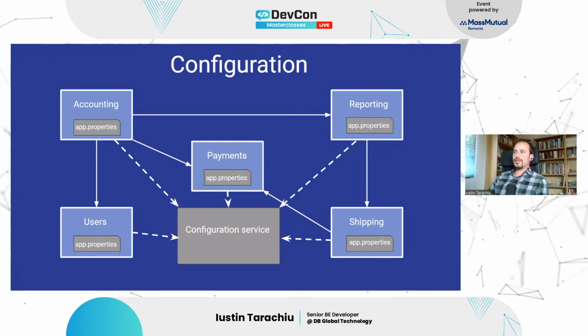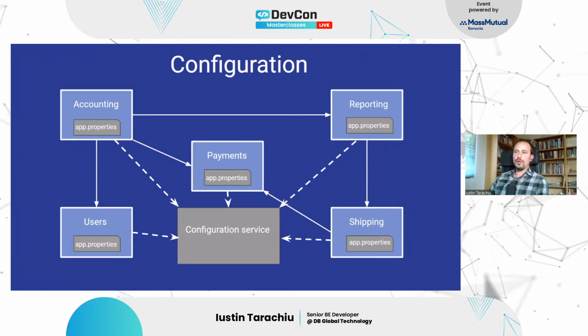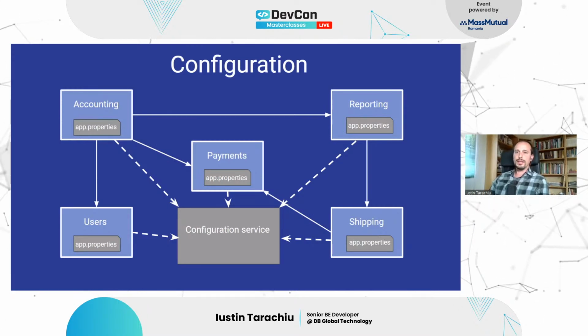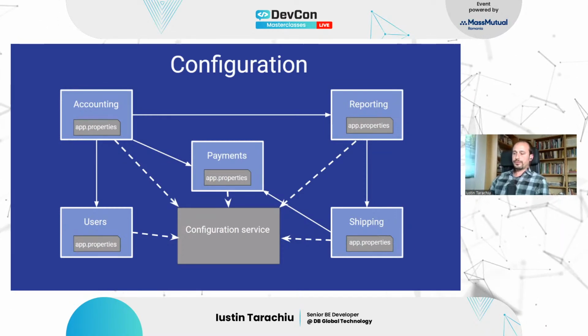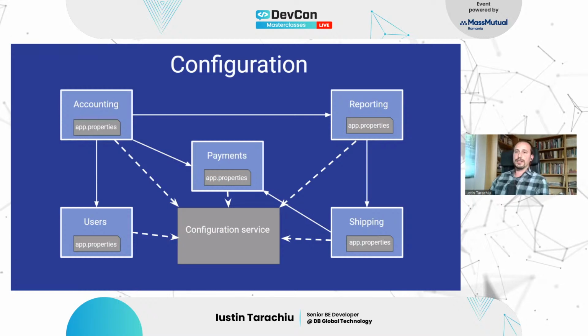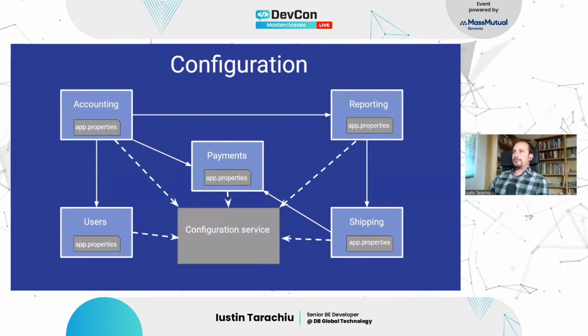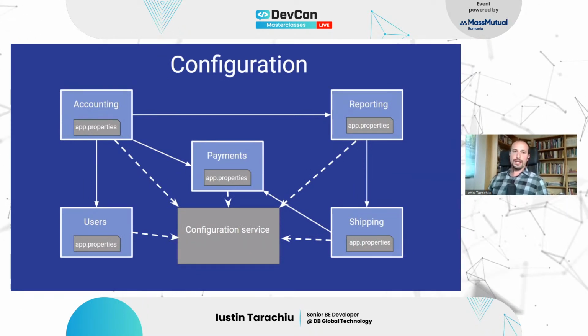Also, we can have a central place where we can change something that is common to all of them. And this configuration service can be integrated with Git or with SVN, so we can have a traceability and a history for the application properties. And what helps us with this, of course, is Spring Cloud.